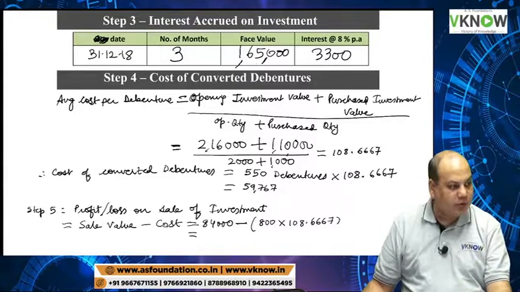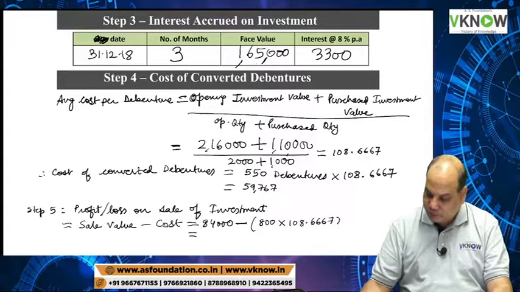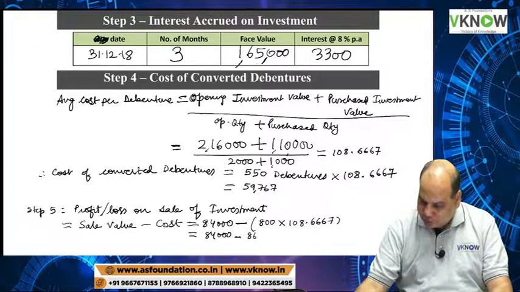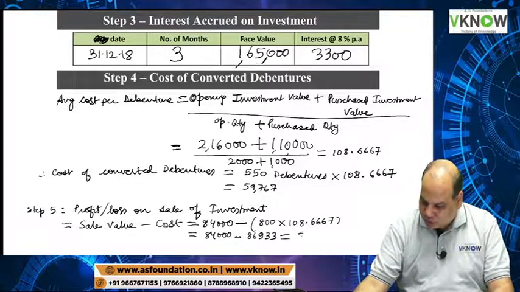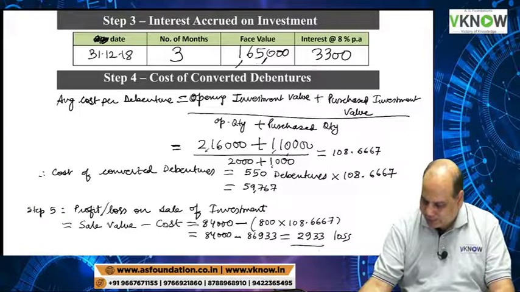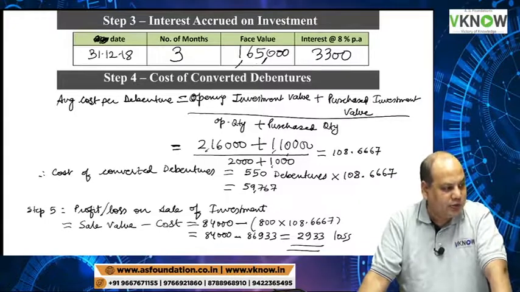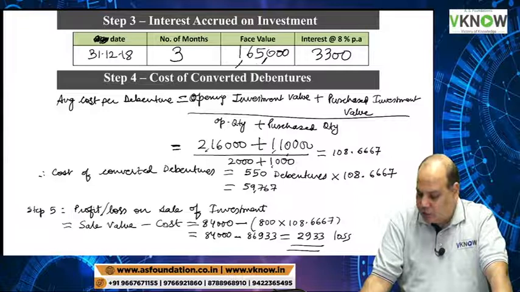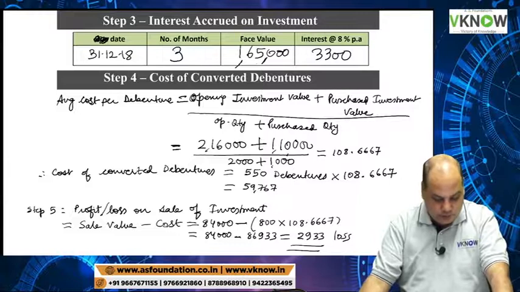This is 84,000, this is 86,933, and that is equal to a loss of 2,933. 2,934 also you can write. 33 or 34 is okay.